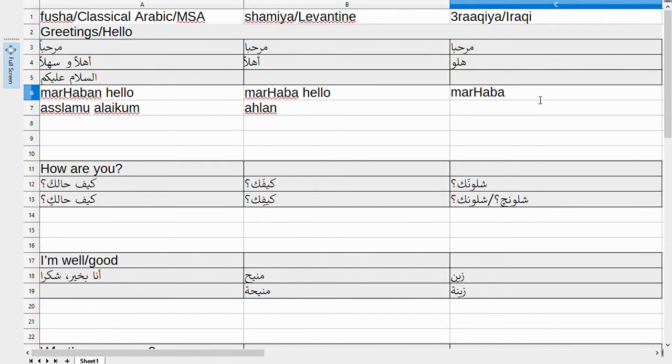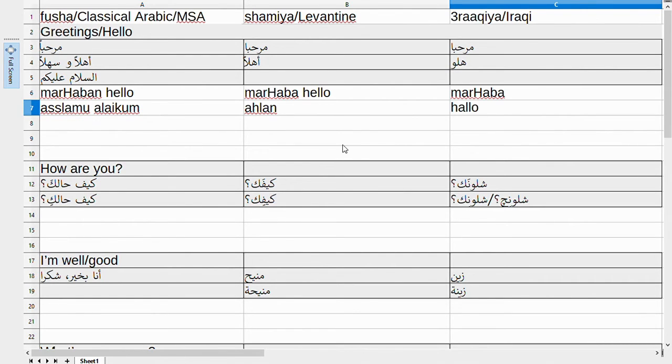I don't know how true it is, maybe some Iraqi speakers can comment here. I learned that one in a lesson, and if my memory serves me correctly, she was from Iraq. We also have hello over here as well, which really probably stems from the American or English hello. So hello and marhaba in Iraqi, marhaba and ahlan in Levantine, and then marhaban, ahlan wa sahlan, and assalamu alaikum.